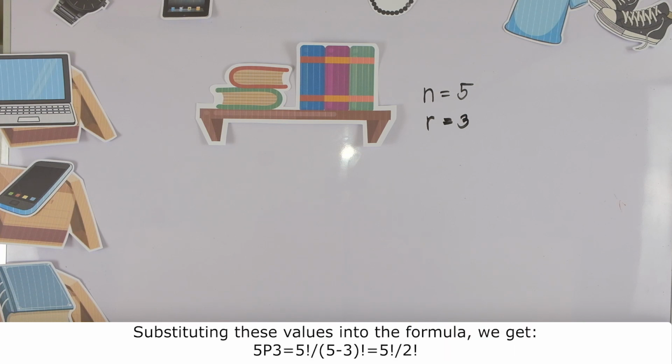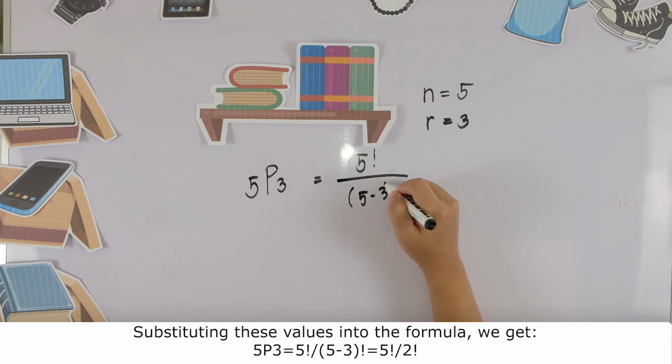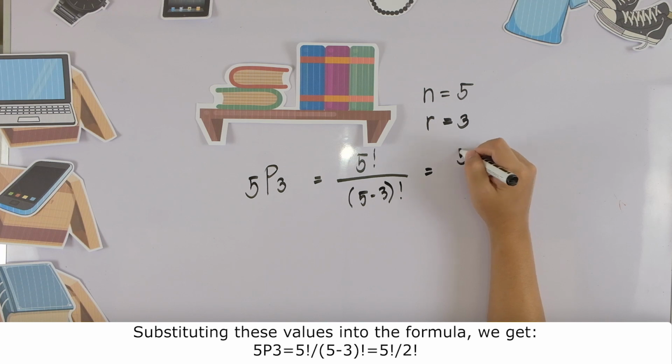Substituting these values in the formula, we get nPr, or we can have 5P3, which is equal to 5 factorial over the quantity of 5 minus 3 factorial, which is equal to 5 factorial over 2 factorial.